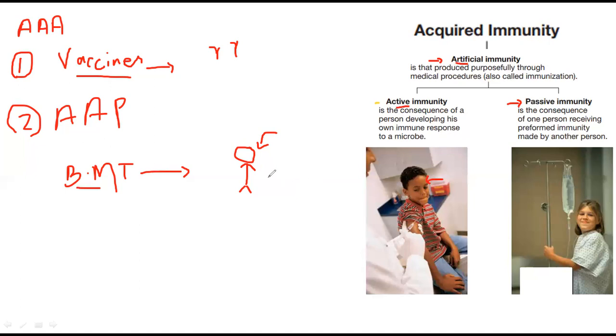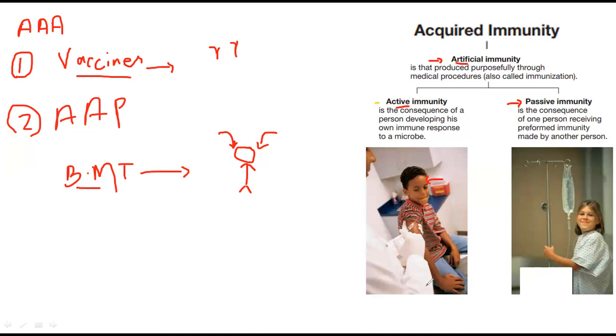So if a person is experiencing an infection or food poisoning related to Clostridium botulinum, the antitoxins produced by the horse are given directly to that person. So it is produced by the horse, then taken out by humans, and then injected into the person. That's why it is known as passive, because it is produced by another individual, and that immunity is given to another individual. So that's why it is known as acquired artificial passive immunity.